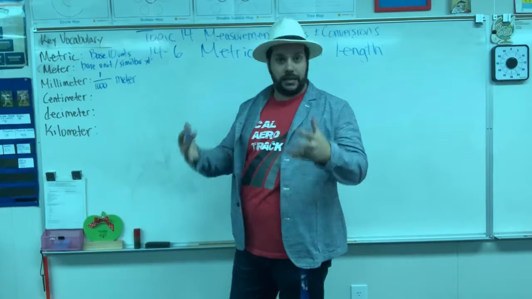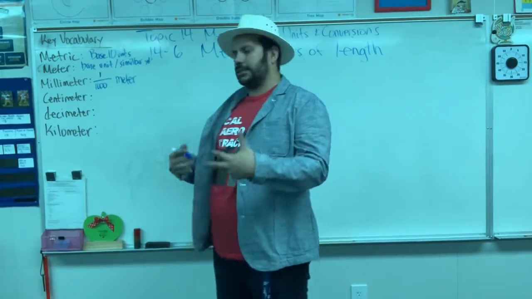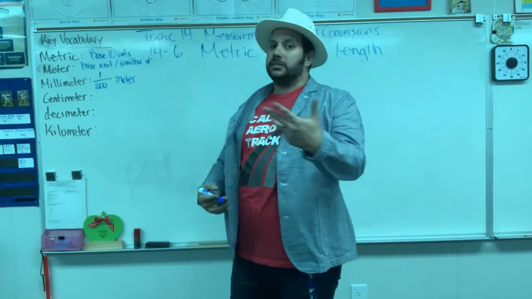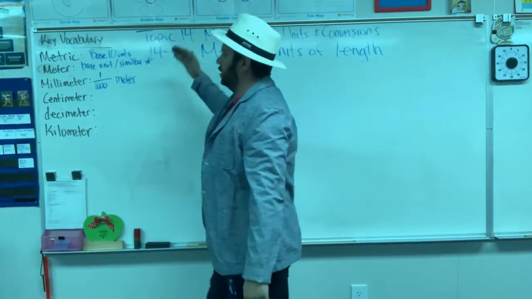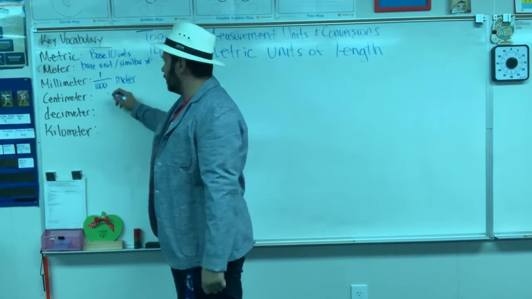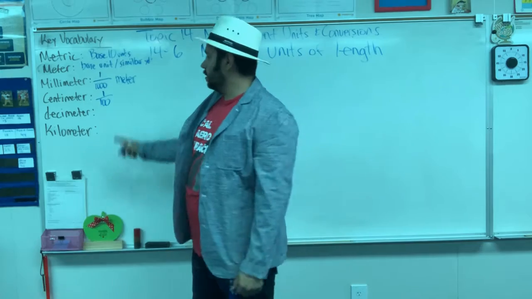Centimeter. Again, that Latin root. Can you think of any words that start with cent? Okay, somebody just thought of the word century, which is 100 years. Centi implies that it is 1/100th of a meter.